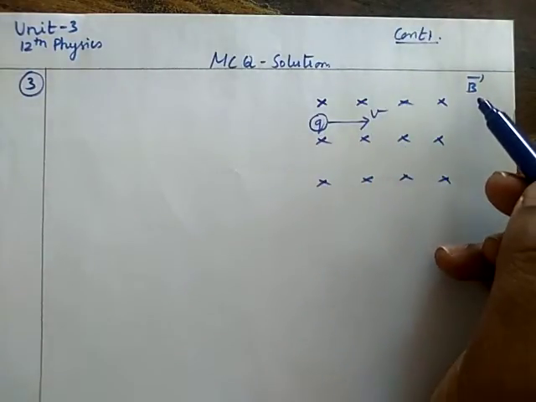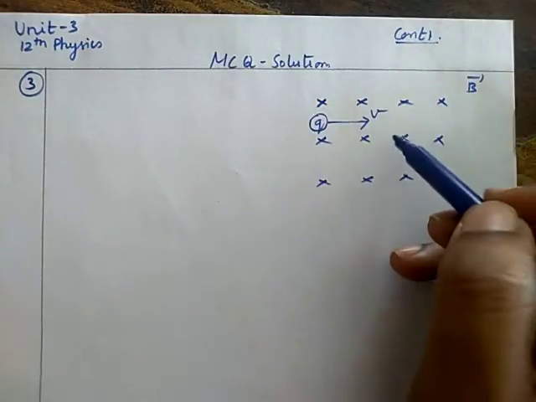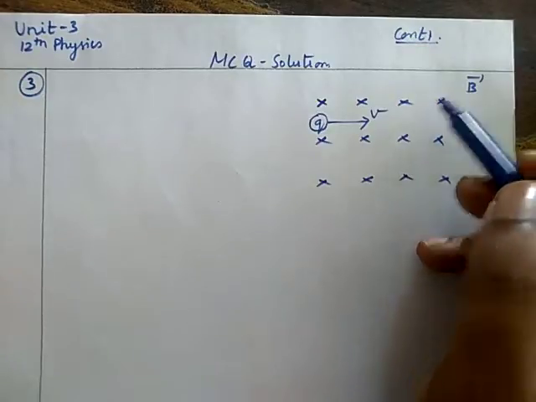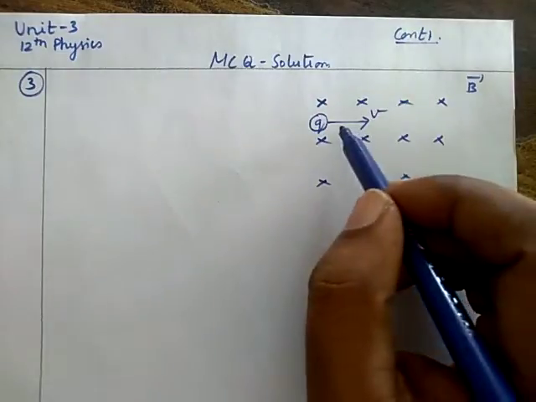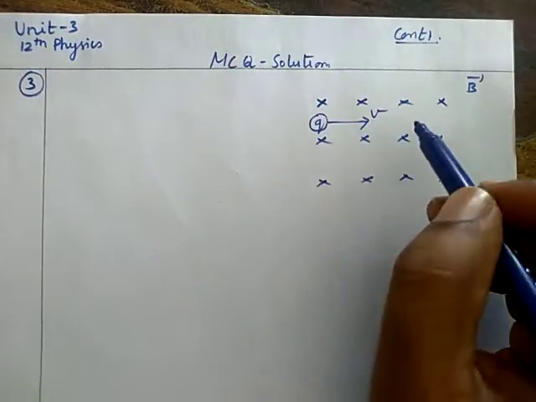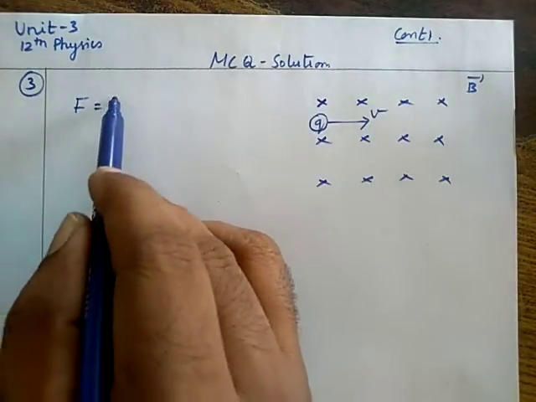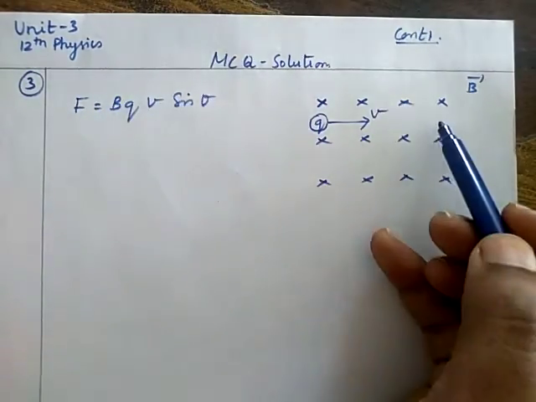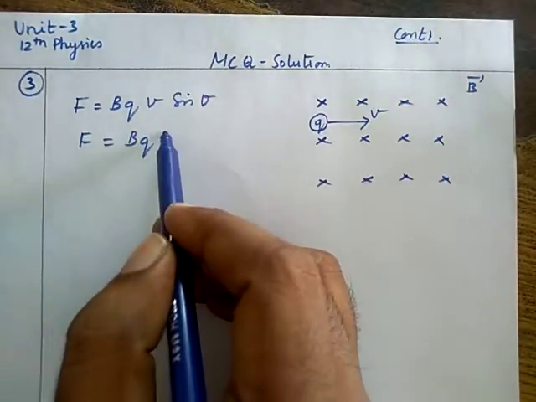Then it moves under the influence of the magnetic field, so it experiences a Lorentz force. Here they indicated the magnetic field is perpendicular to the motion of the charge, so it experiences a maximum Lorentz force because F is equal to BQV sin theta. Here theta is 90 degrees, so we experience the maximum force BQV.